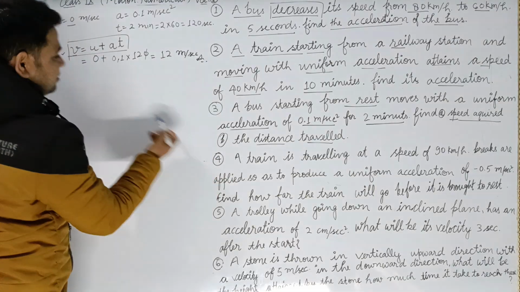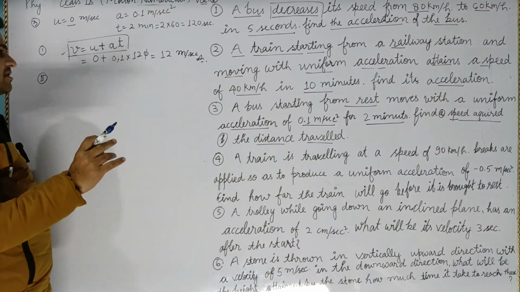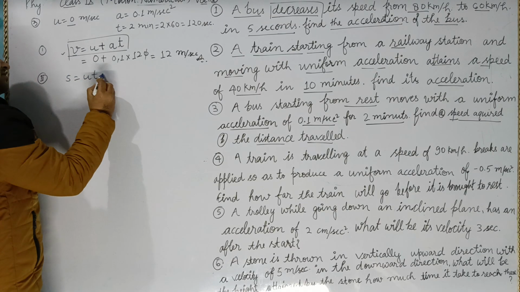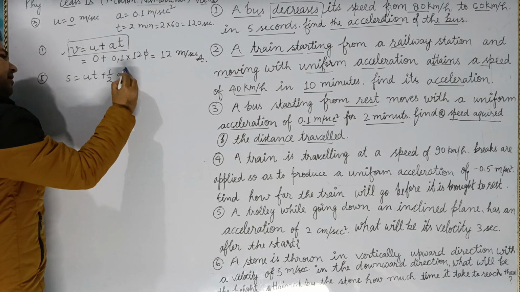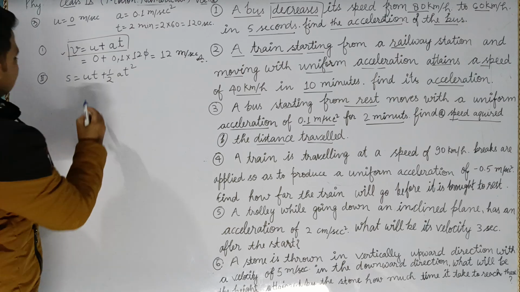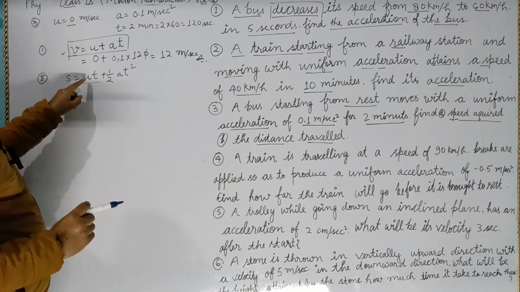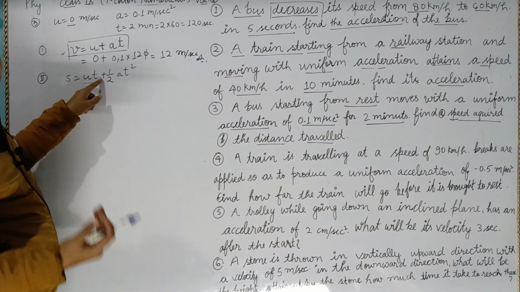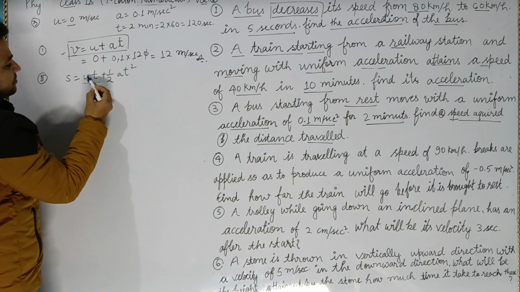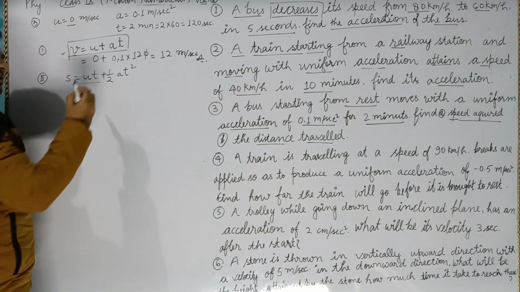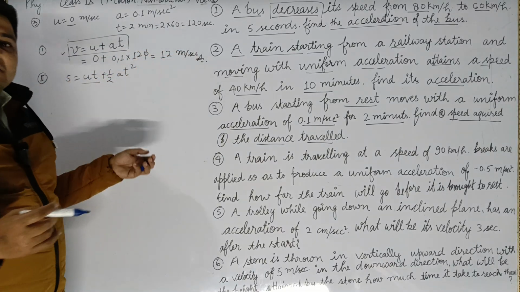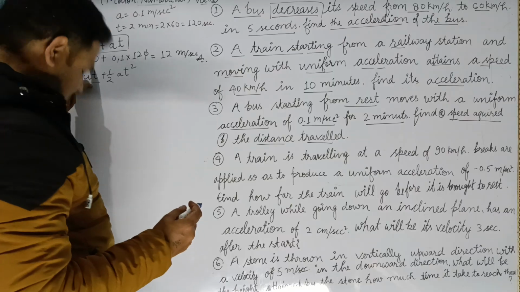We have to find the distance traveled. So we know that the second equation of motion is s equal to ut plus half at square. We remove this part because initial velocity is 0, and when we multiply 0 by t, 120 seconds, this part will be 0.